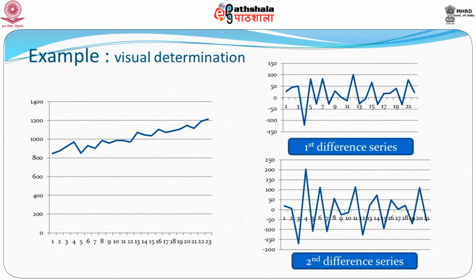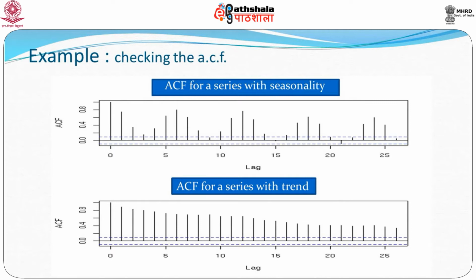But as I said, visually it may be a little difficult initially to identify how many differencing we need to do. We can see that with differencing we are getting rid of the trend, but how many differences may not be so readily understandable. The other way of doing it is to check the ACF.